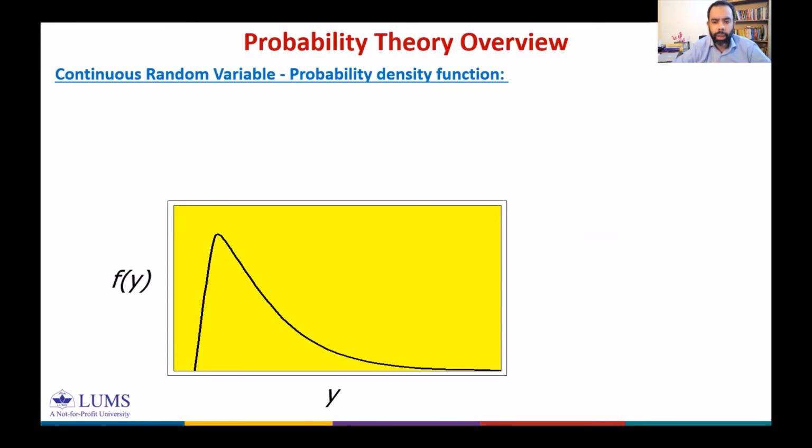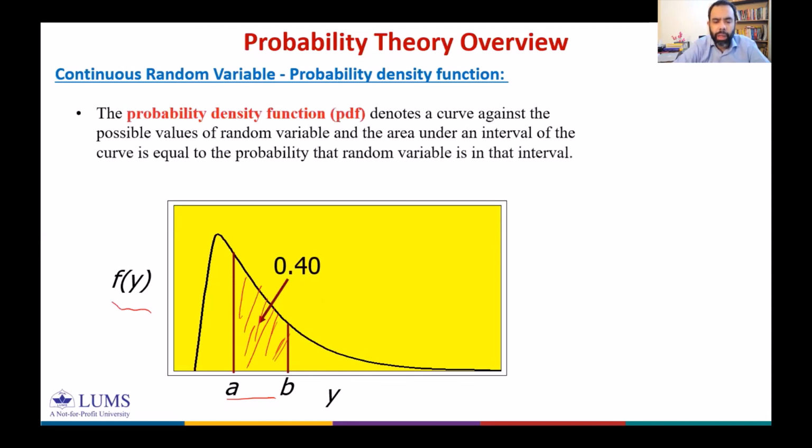If we're interested in finding the probability that a random variable y can take values between a and b, we can compute the area underneath the probability density function between a and b. So to find the probability that y takes any value between a and b, we integrate the probability density function from a to b. For example, in this case, it turns out to be 0.4.